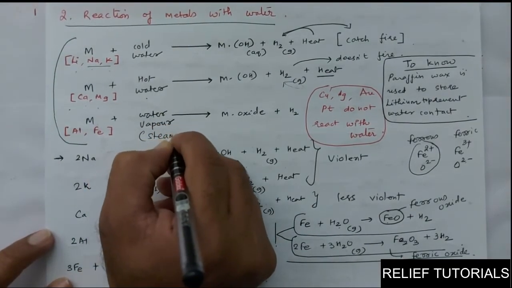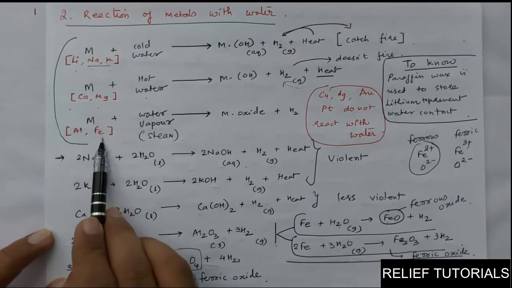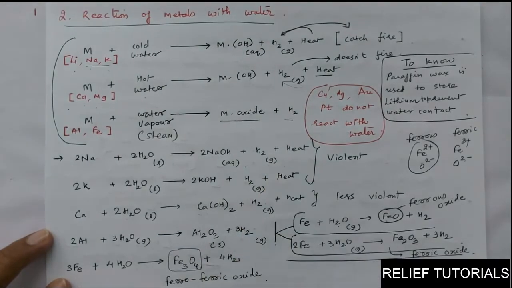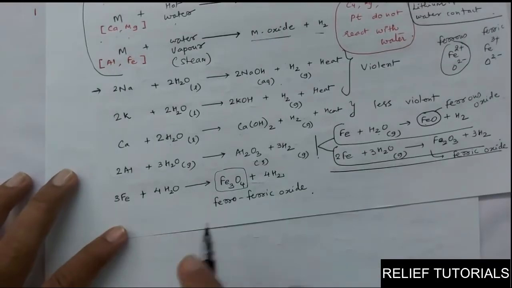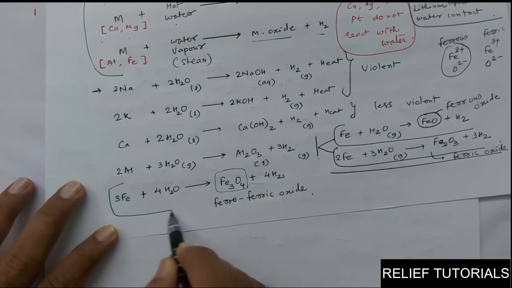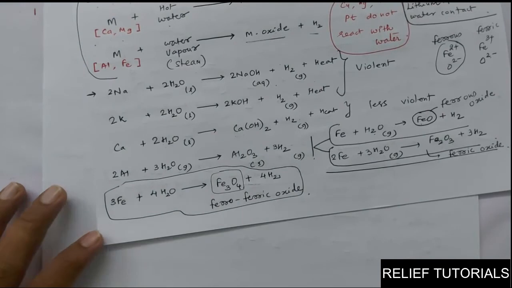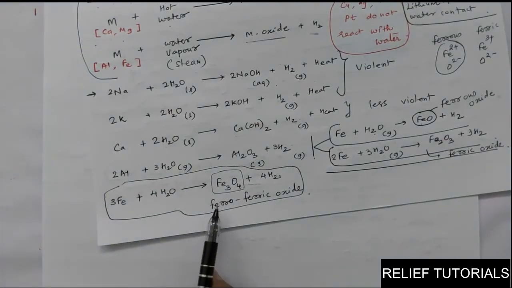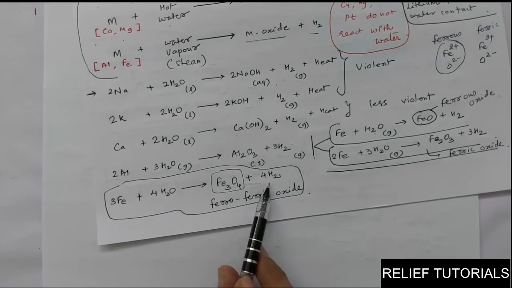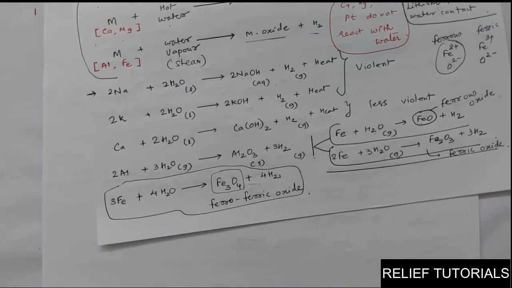So when iron reacts with steam, because iron and aluminium seem to be less reactive metals, they form metallic oxide and hydrogen gas liberated. So look at here the final result. This is the answer. When iron reacts with steam, it forms Fe3O4, one of the oxides of iron, and hydrogen gas liberated. The name of this is ferroferric oxide.